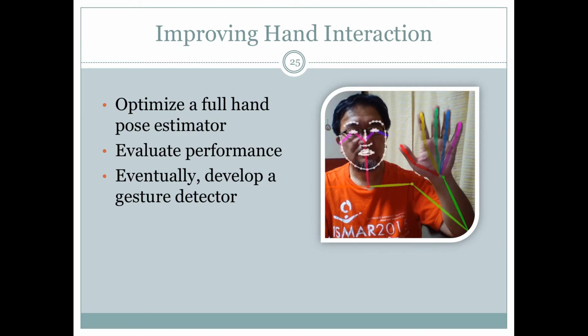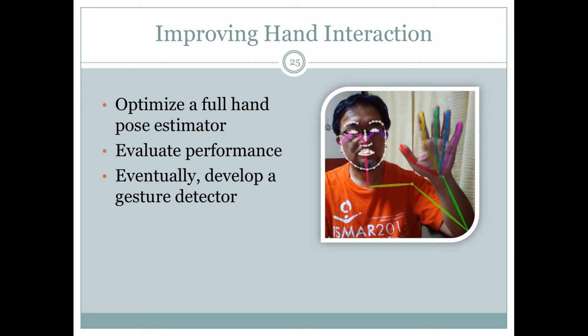Here is the hand detection part, the hand interaction. So I plan to explore in more detail if I can obtain a hand pose estimator which can work with augmented reality systems. So we have to evaluate the kind of performance that we can obtain while devising full pose estimation.